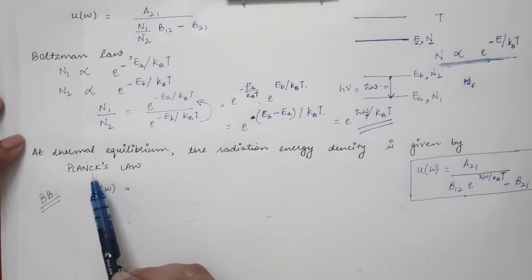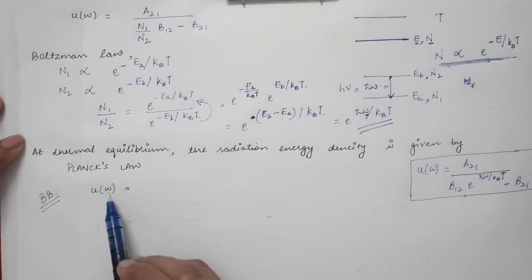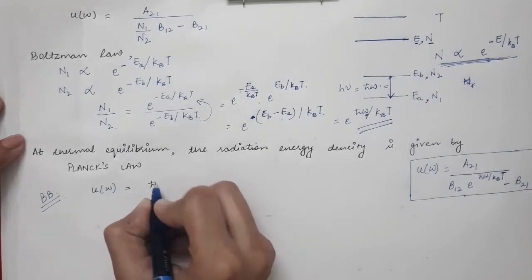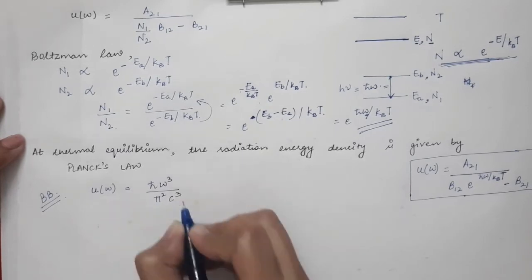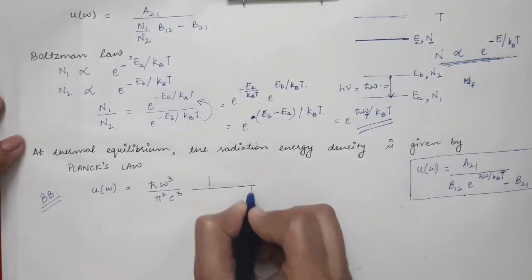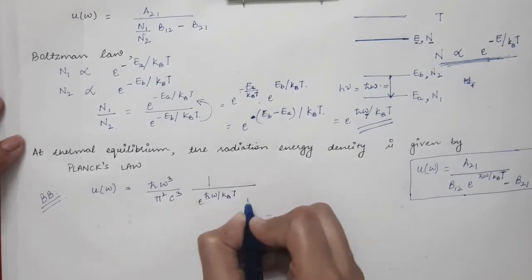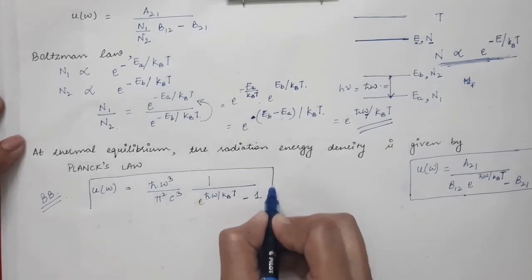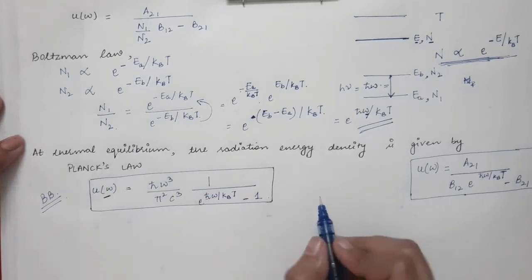So Planck did another derivation in the case of black body, and he found the formula for the energy density at frequency omega, and the formula is u of omega is equal to h cut omega cube divided by pi square c cube and 1 divided by e power h cut omega by kBT minus 1. So this is the formula that is given by Planck for the case of energy density.